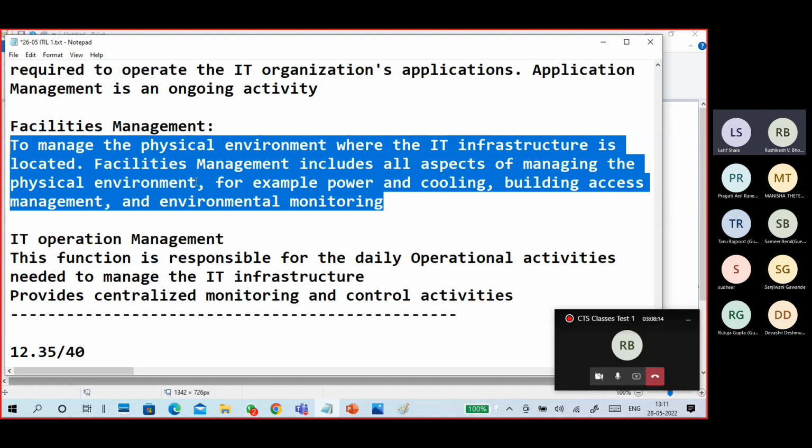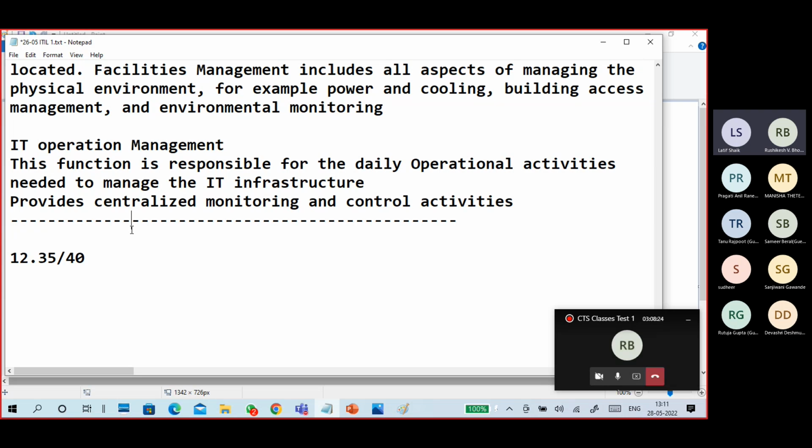So physical environment, power, cooling, building management, access management. If any unauthorized person is coming, they will immediately notify. Because to enter the office you need a swiping card, right? Swiping card, thumb impression, authorized person and all. Even HR may not know all the employees, but the facility manager knows.